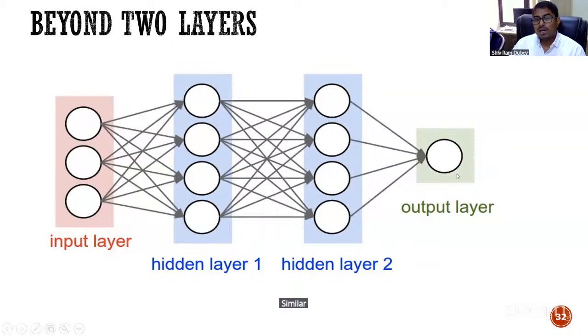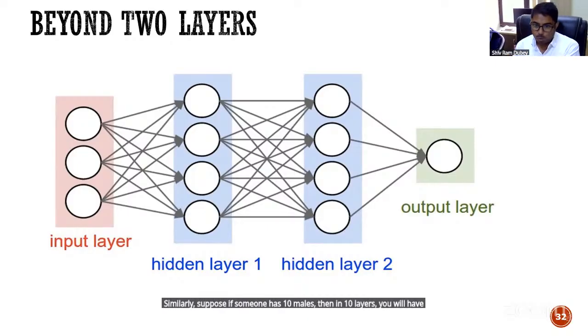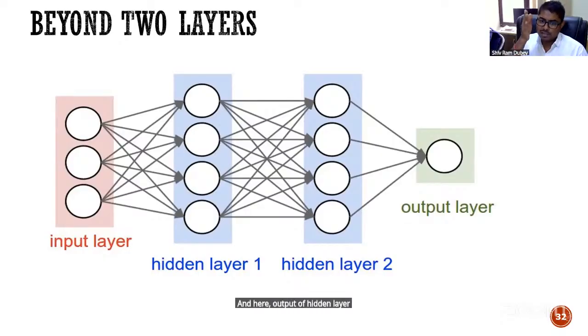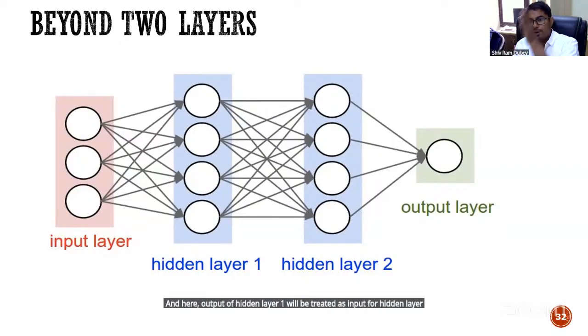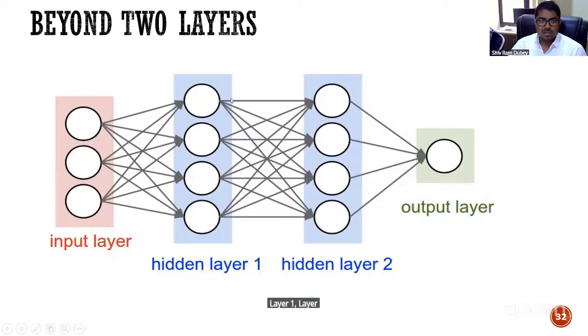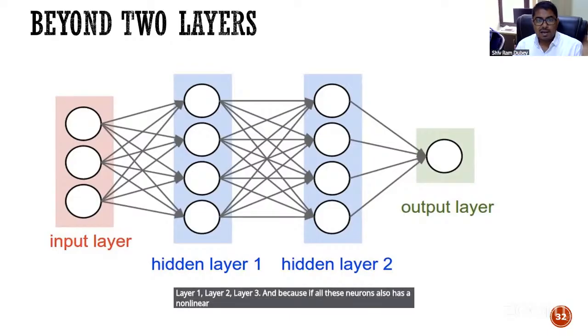Similarly, suppose someone has 10 layers, then in 10 layers you will have 9 hidden layers and one output layer. And here the output of hidden layer 1 will be treated as input for hidden layer 2. The output of hidden layer 2 will be treated as input to hidden layer 3, like that. And that was the deep pipeline, if you remember. Layer 1, layer 2, layer 3. Because all these neurons also have a non-linearity, in hidden layer 1 we perform w dot x plus b, and then give it to the non-linear function.